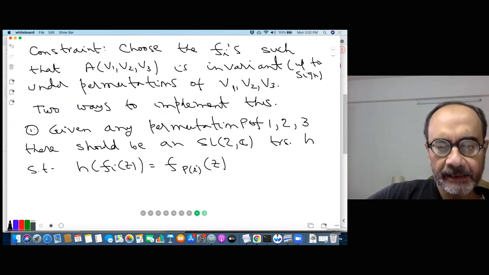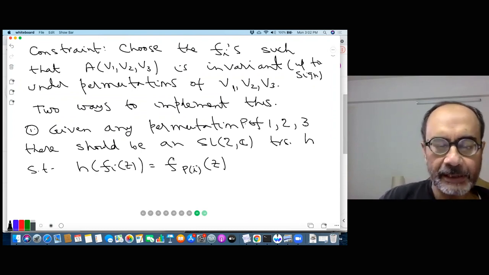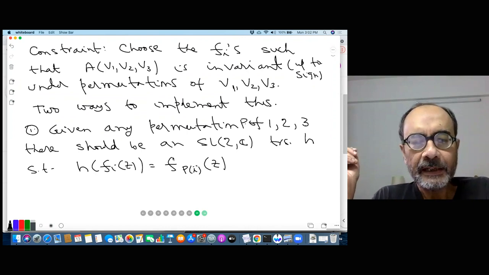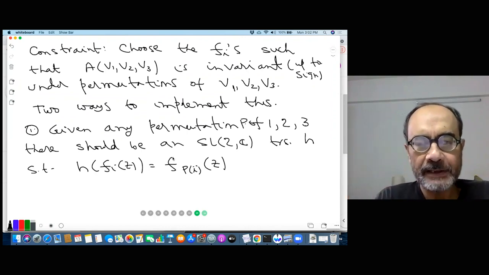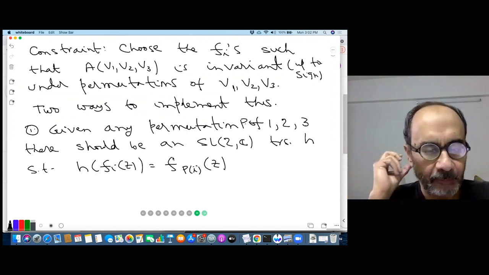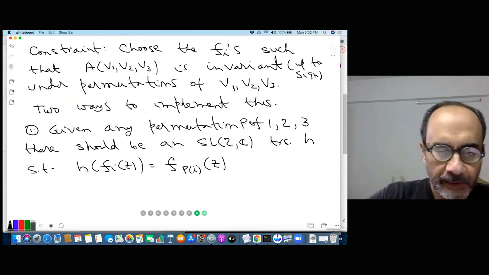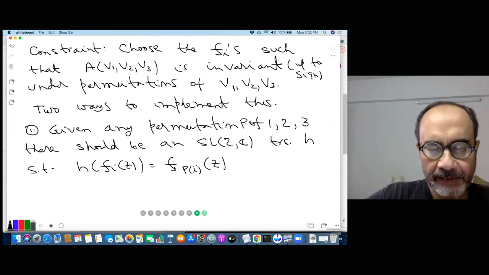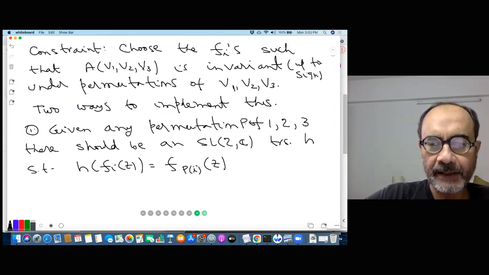So P(i) means whatever i becomes under the permutation. If this is the case, then because the correlation functions are SL2C invariant, you are guaranteed that the amplitude is symmetric under the exchange of the V_i's. I'll leave it as an exercise for you to check that if this condition holds, then the amplitude does satisfy the required permutation symmetry.